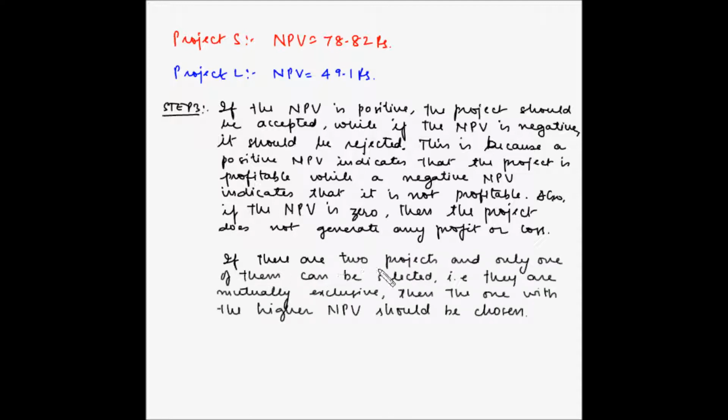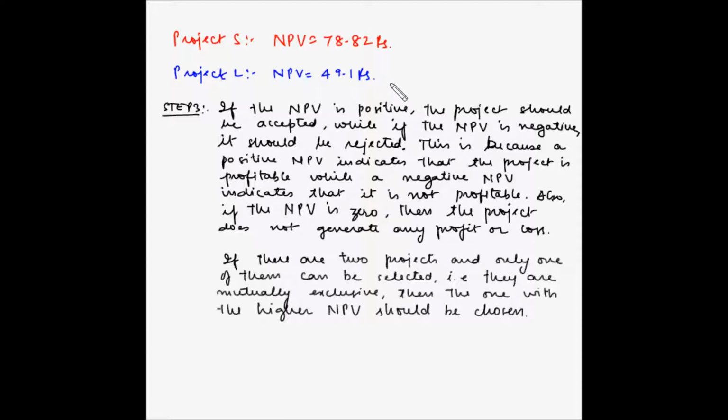Now, if there are two projects and only one of them can be selected, that is, they are mutually exclusive, then the one with the higher NPV should be chosen. In our case, both projects S and L have a positive NPV.